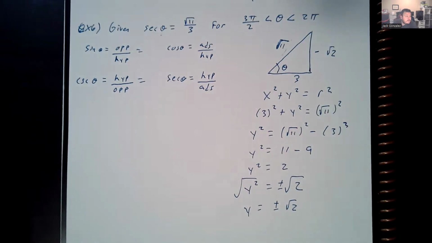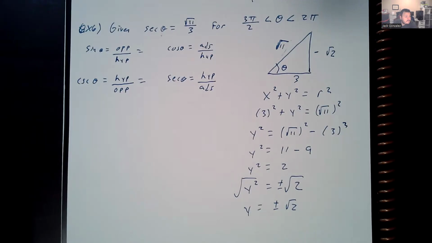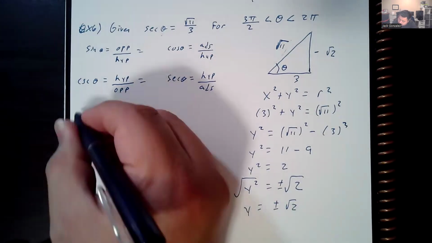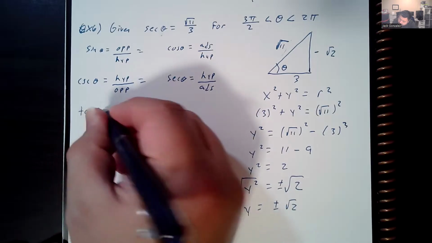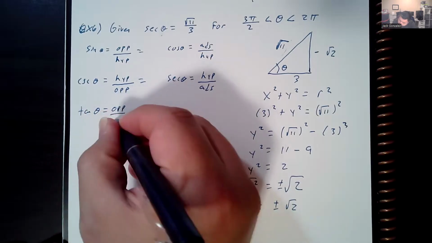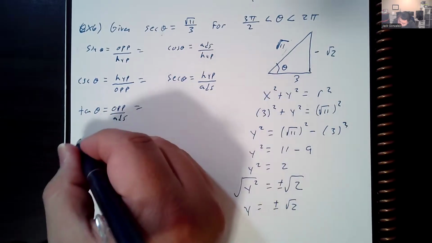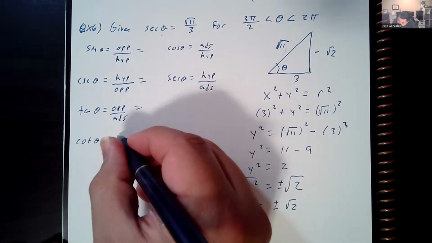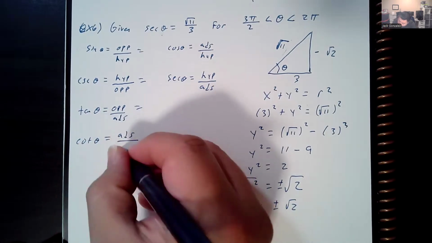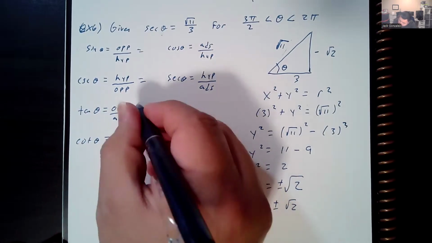So now I can solve the question. Whatever the question was, I already forgot. Let's see, the question was find tangent, but we can find all of them, I guess. I'm just writing all the formulas down just in case, just for fun.